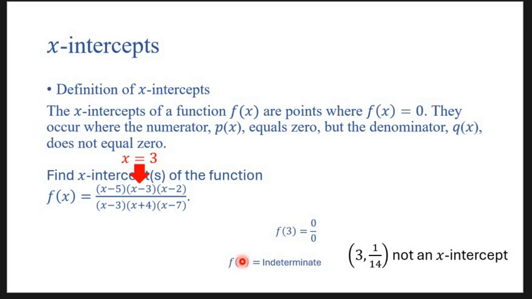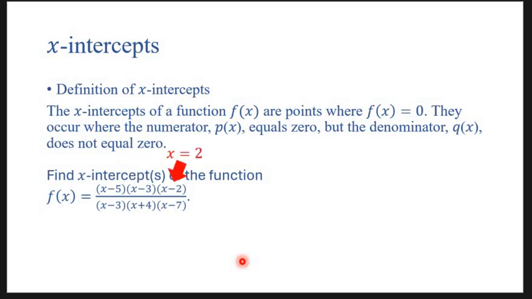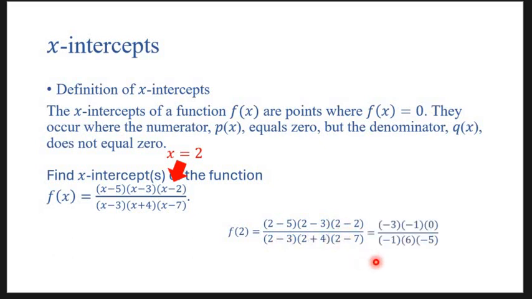So let's move on to the next factor, x minus 2. And the 0 for x minus 2 is, of course, 2. And when I plug 2 in, it's going to make only the top 0 because I have 2 minus 2 here, but there's no 2 minus 2 on the bottom. I get these numbers. Negative 3 times negative 1 times 0 is 0.